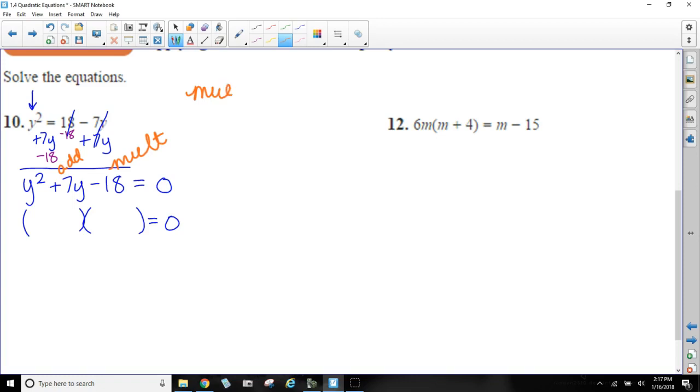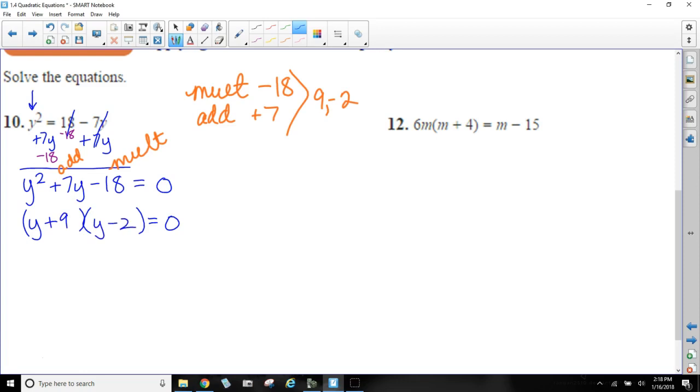That would have to be the two numbers positive 9 and negative 2. Agreed? So we think this is going to factor as y plus 9 times y minus 2.